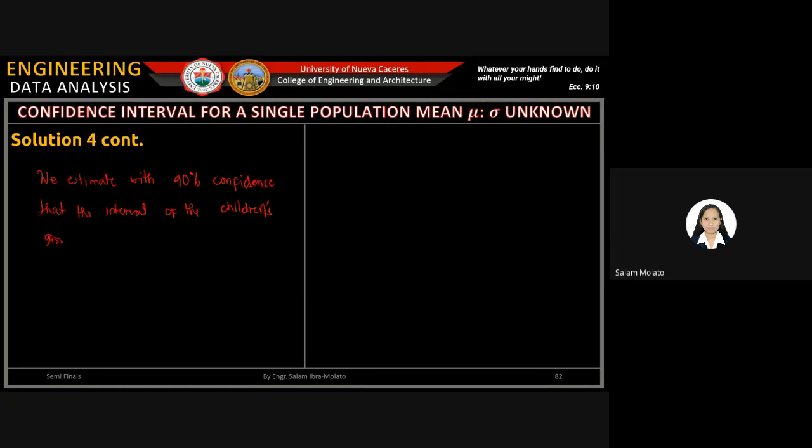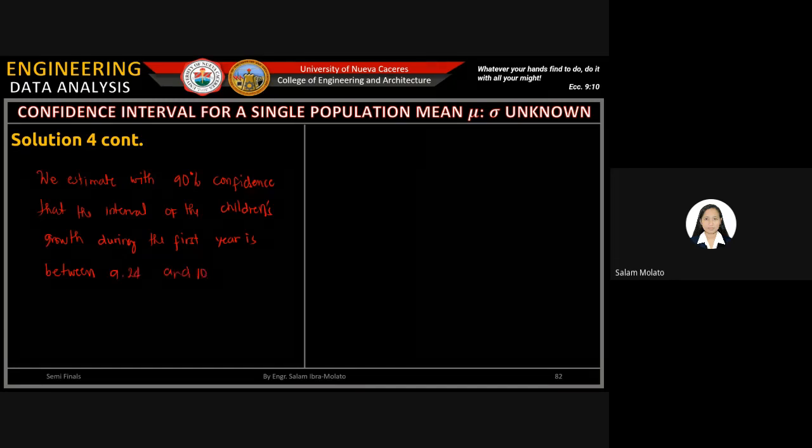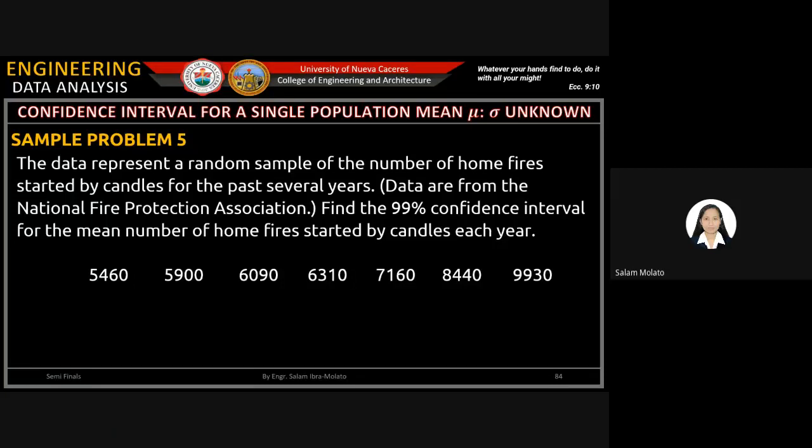Tungkol yun sa children growth during the first year is between 9.24 and 10.36 inches. So that's how you interpret that. Okay? All right. So madali lang naman guys, no? Madali lang yung confidence interval.